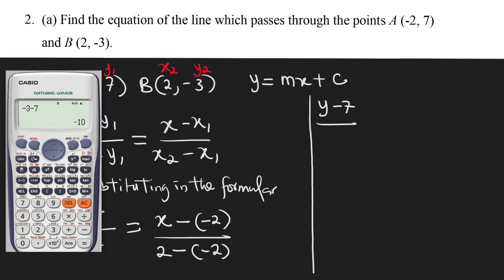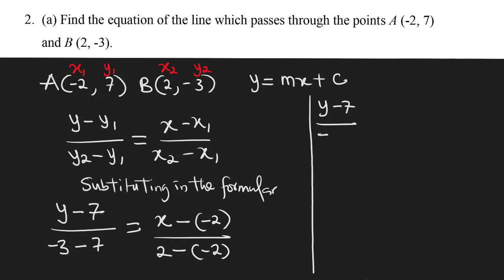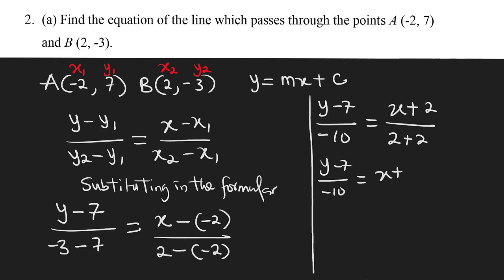Is equal to x, then negative times negative is positive, plus 2 over 2, negative times negative is positive, so plus 2. So this one is going to be y minus 7 over minus 10 is equal to x plus 2 over 2 plus 2 is 4.